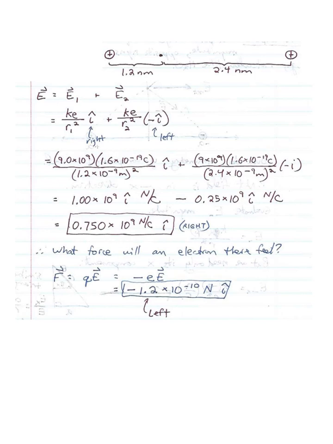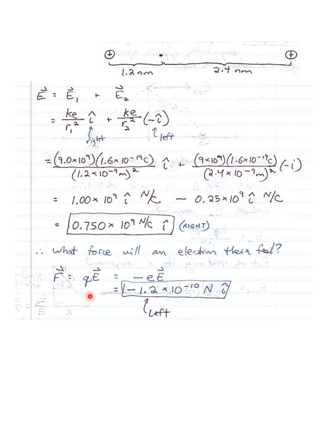The next question asks, what will an electron there feel? What force will it feel? And so remember that the force that a certain particle feels is just that particle's charge times the electric field vector.